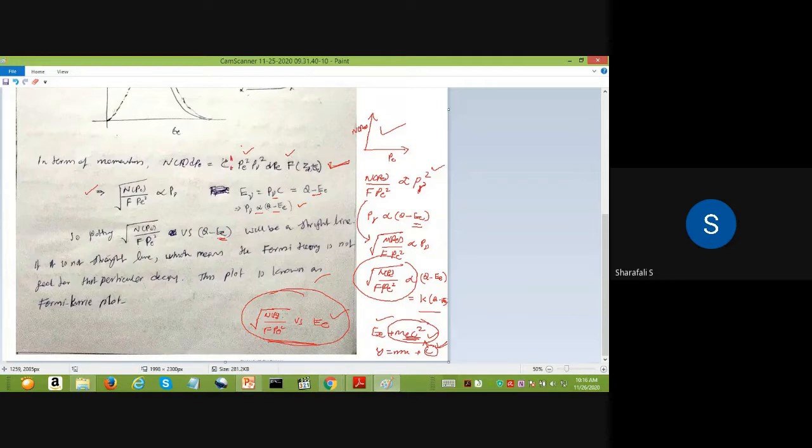If it is not obeying the Fermi theory of beta decay, then it will not give you a straight line, because we derived this relation from the Fermi theory of beta decay.